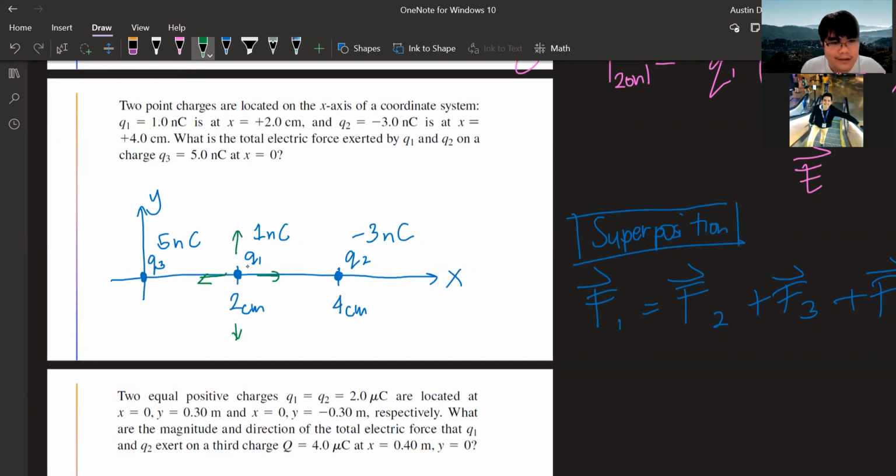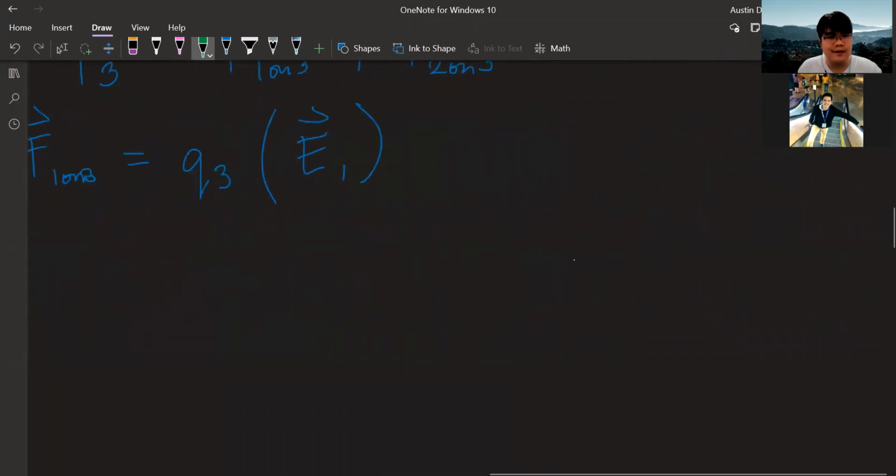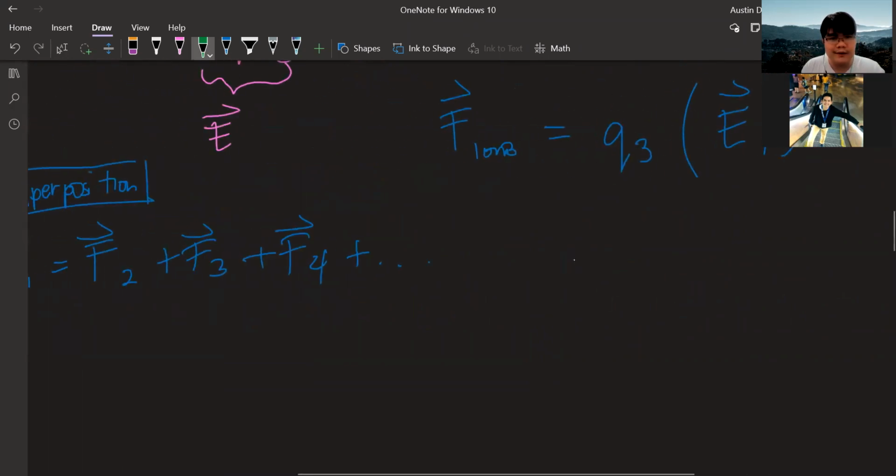Kasi positive naman siya, di ba? So at the direction of Q3, paano yung direction niya? To the left. Okay? So ibig sabihin nun, kapag to the left, tapos nasa x-axis naman tayo, negative x hat yung direction niya. Okay? So sulat ko muna yun.